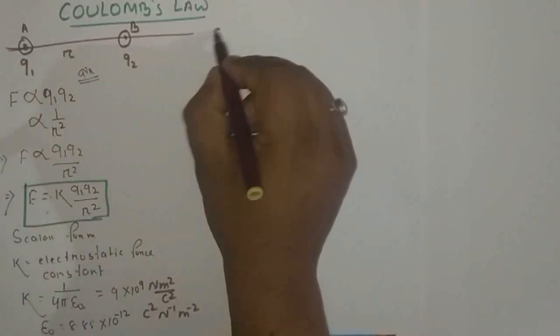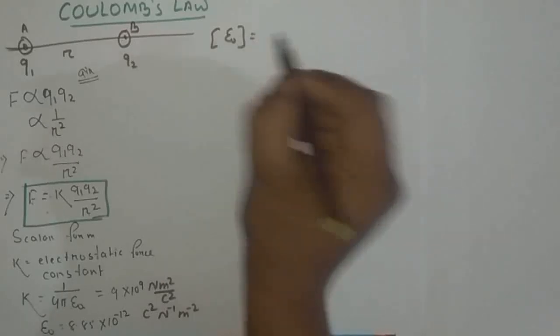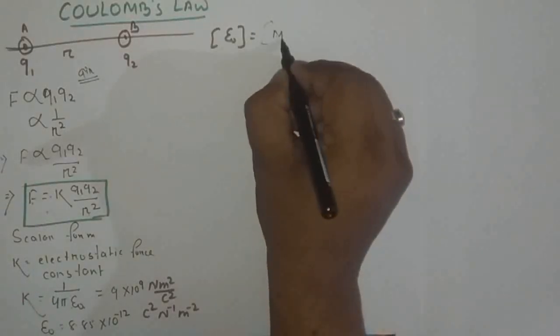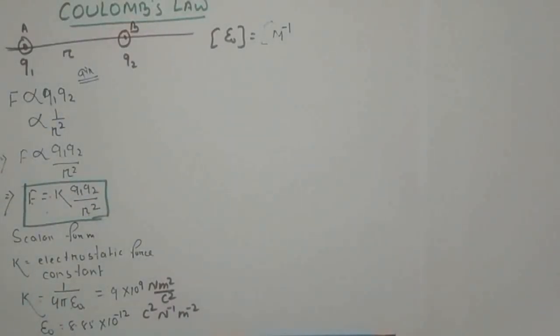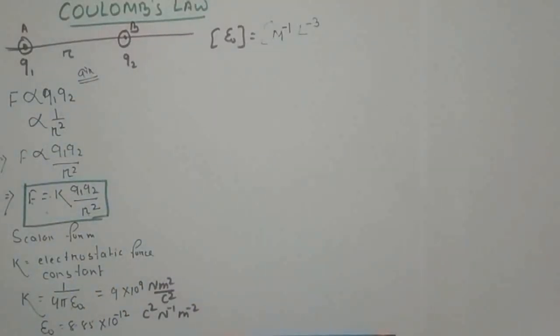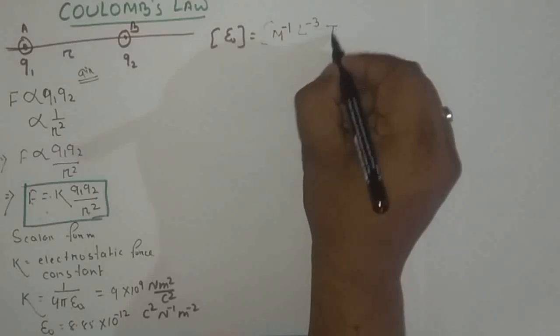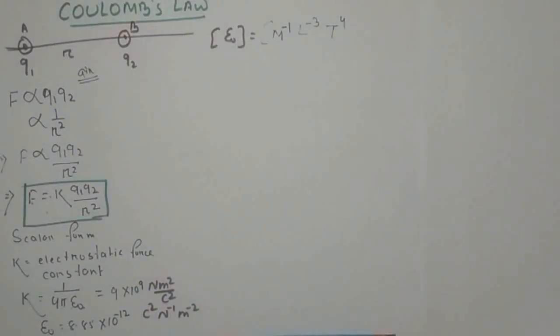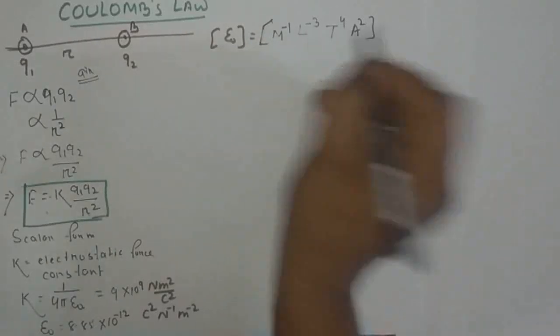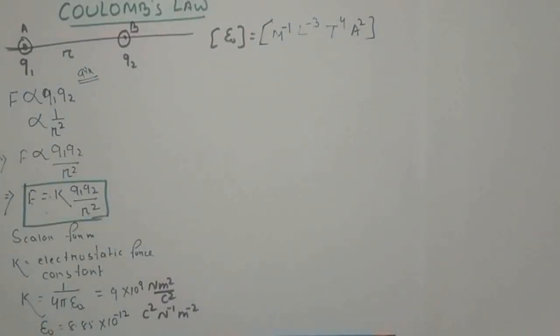So what is the dimension of epsilon naught? If I put all these things properly, I will get M minus 1, L minus 3, T 4, A square. If you derive it, you will get it.